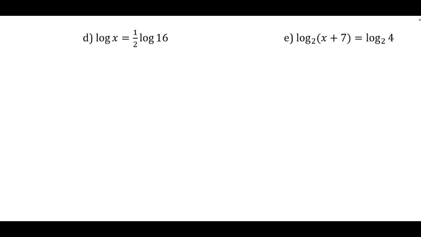So again, what do I notice? I notice that the logs are in the same base. They're both log base 10. So if I rearrange this a little bit, just like we do with exponents, where if you have the same base, you can equate the exponents, right?